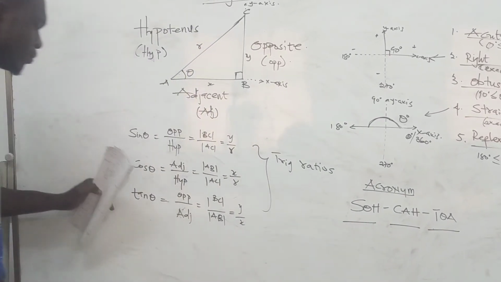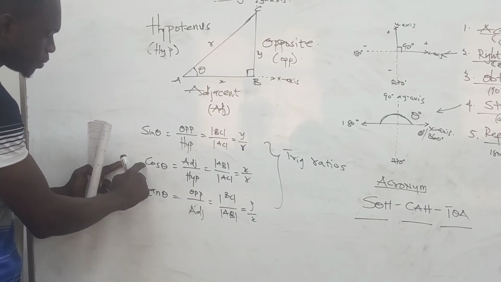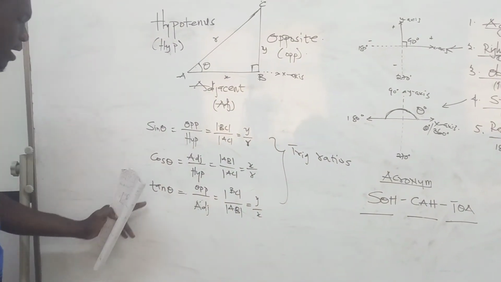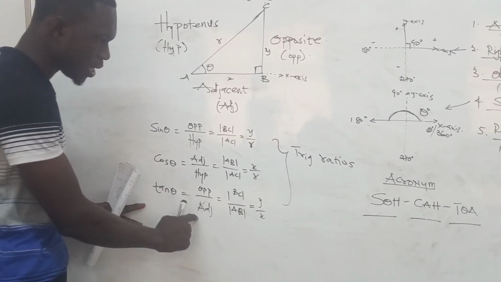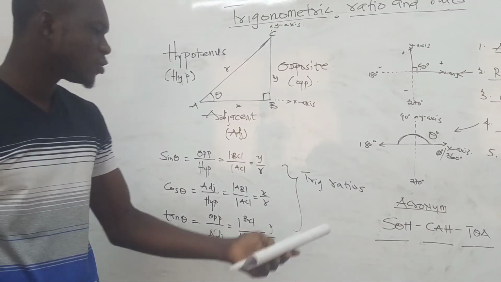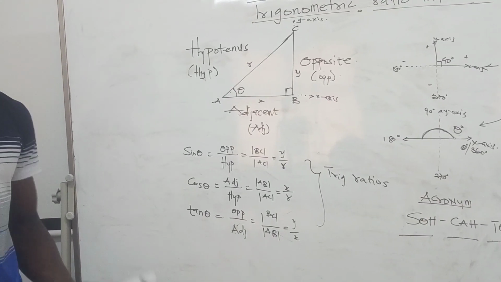Then cos theta is adjacent over hypotenuse, CAH. Then tan theta is opposite over adjacent, that is TOA. So basically we keep in mind SOH CAH TOA, so that at all times students may remember them.